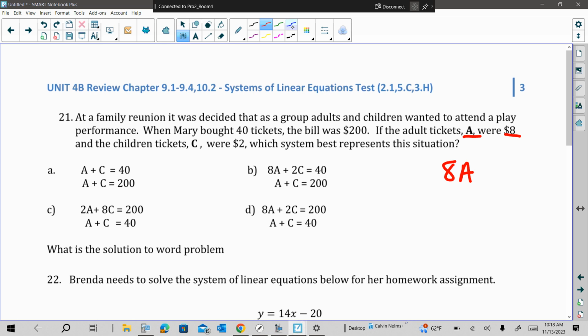And if it's C for children and $2, that needs to be 2C. Since we're talking about money, they equal a total of $200. If there were 40 tickets in all, that means adult tickets plus children tickets equals 40. Do we see which one we should be picking here?